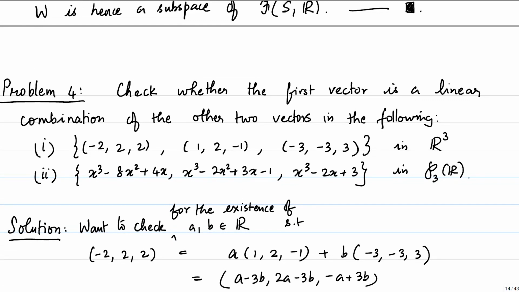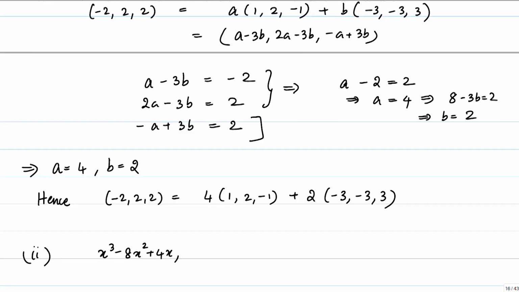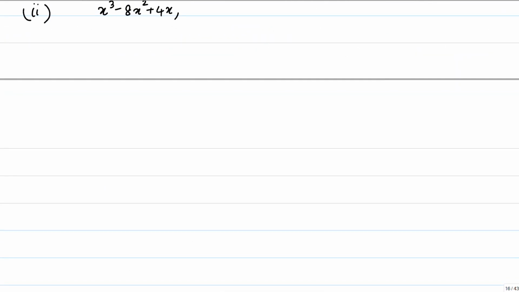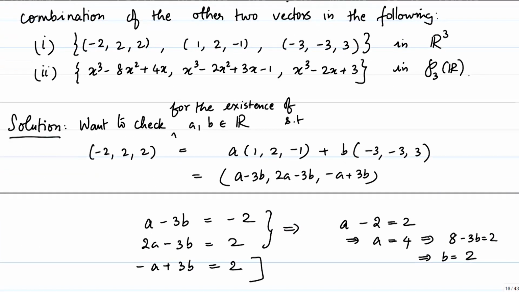Okay, so let me write this down here. So let's now see what 2 is. 2 was x cube minus 8x square plus 4x, x cube minus 2x square plus 3x minus 1, and x cube minus 2x plus 3.